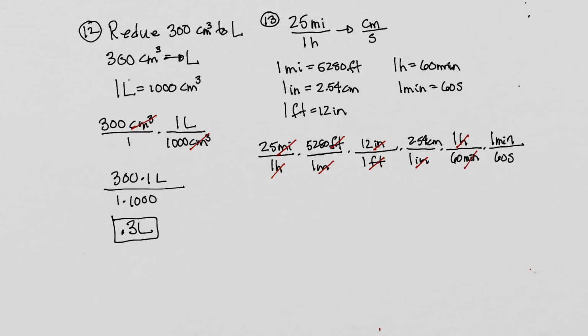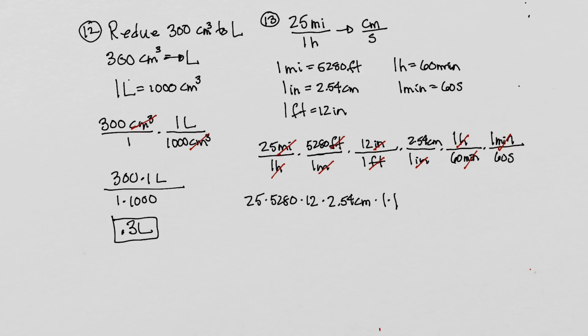These minutes will go with those minutes. And here's what we're left with. We're left with 25 times 5280 times 12 times 2.54, with the centimeters connected to that, and then times 1 times 1.